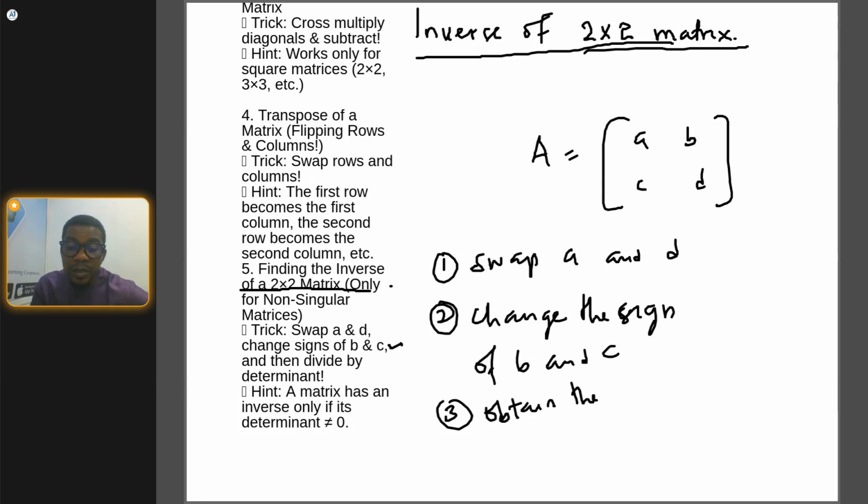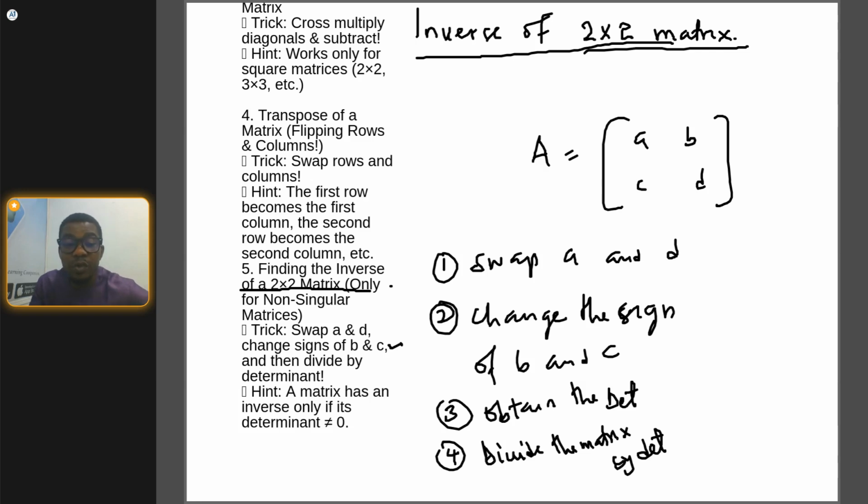Step 4 is to divide the matrix obtained by the determinant.